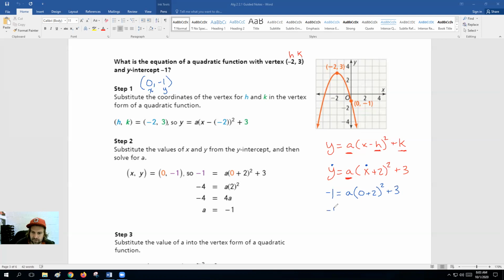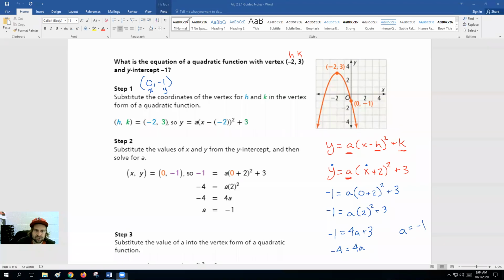Let's do some math here. We have to add these together first: 0 plus 2, squared. We'll square that number, so we get 4a plus 3. And we're just going to solve for a. I'm going to subtract the 3 over, so -4 equals 4a. That means a would equal -1.